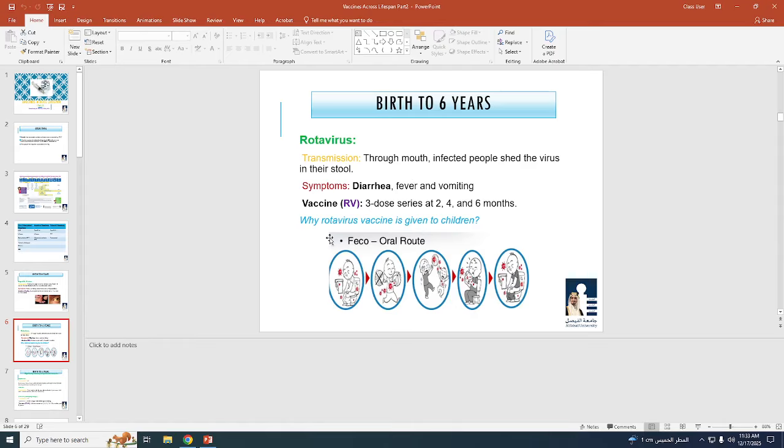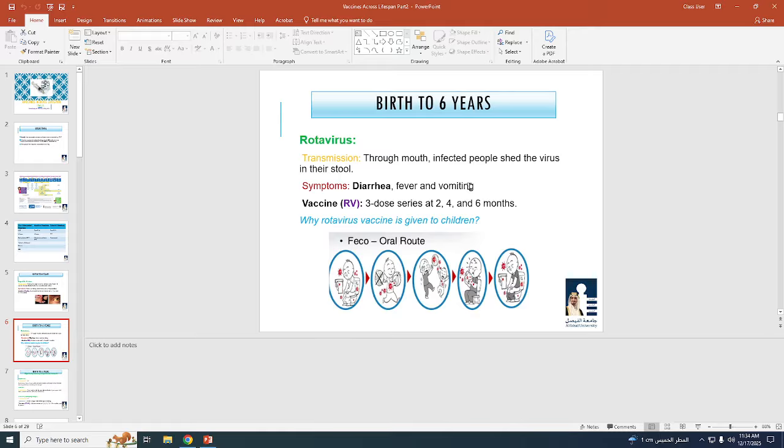Okay, and how is it transmitted? Exactly like this. What does it cause? Diarrhea, fever, and vomiting. Watery diarrhea, no blood. Rotavirus doesn't cause any blood in stool.